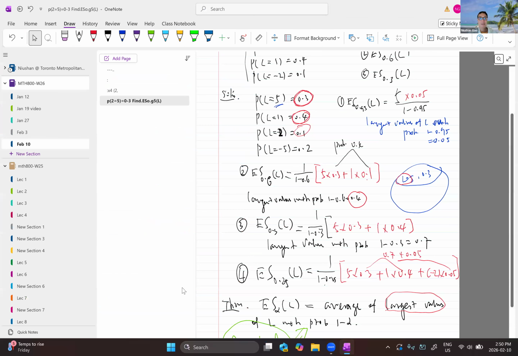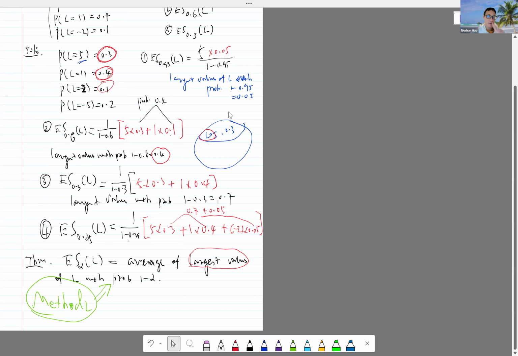So now I have talked about 2 methods of computing the exponential form, mainly for discrete random variables. For a discrete random variable, you have at least 2 methods. One is using the definition.